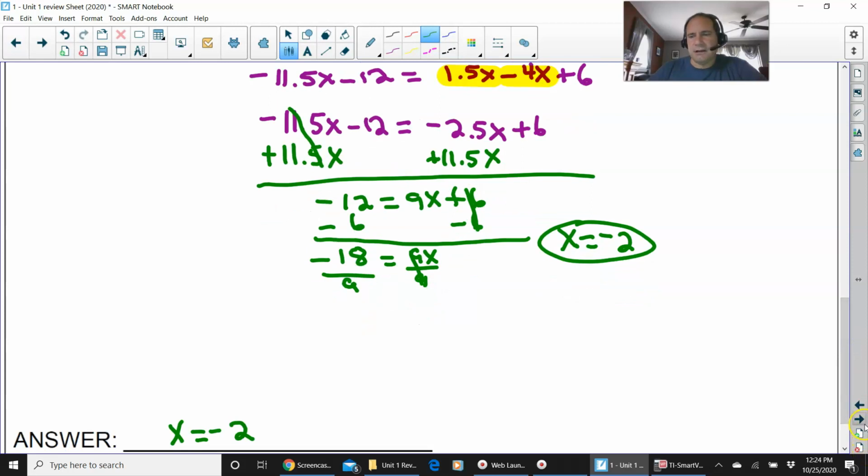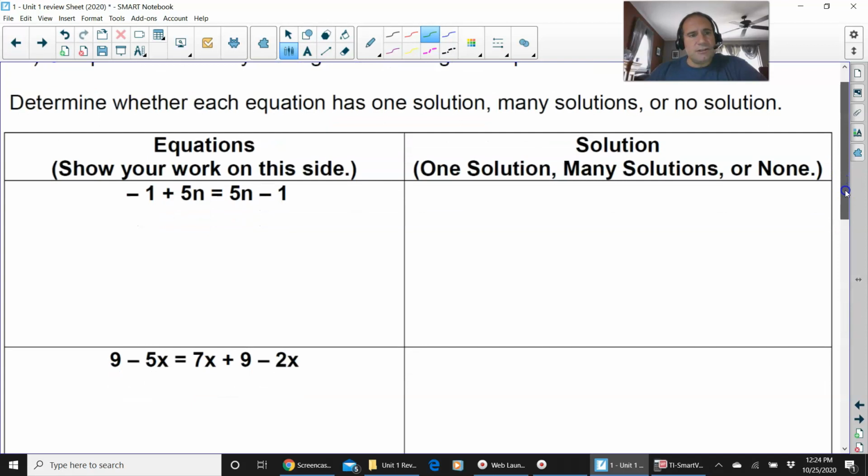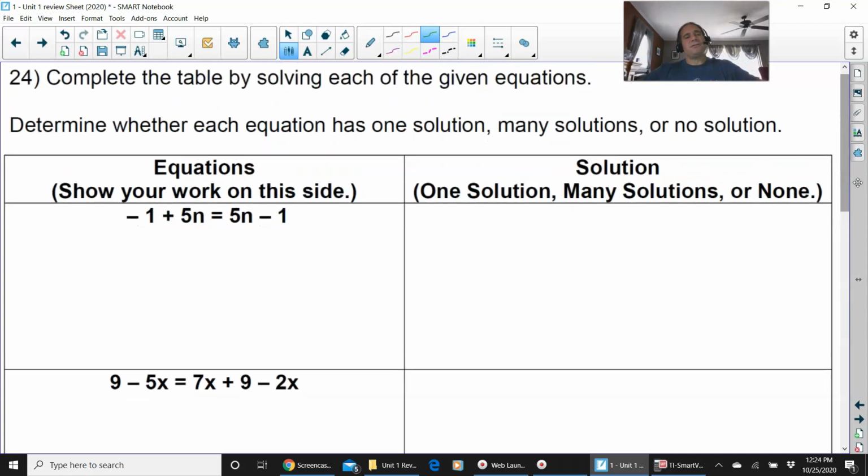All right, alrighty. So the last question is number 24, and you have to show your work on the left side and put the number of solutions you think it is on the right side. So show your work. All right, so we have right now two expressions set by an equal sign. We have an equation. If you don't know what this is, just go ahead and solve it.